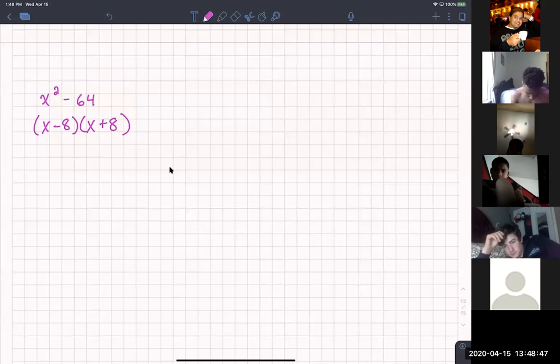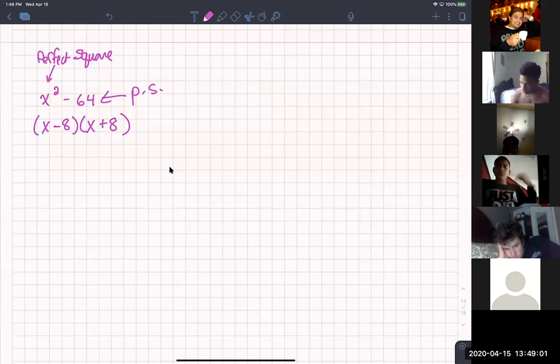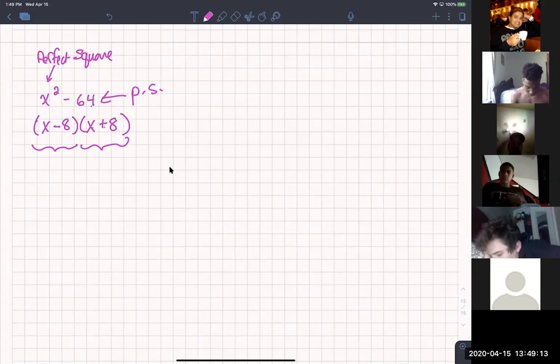So remember, this was a difference of squares, and we know it was a difference of squares because we have a perfect square minus a perfect square. When you do that, you get two conjugates: the square root of the first minus the square root of the second times the square root of the first plus the square root of the second. Now, that is one type of special case.